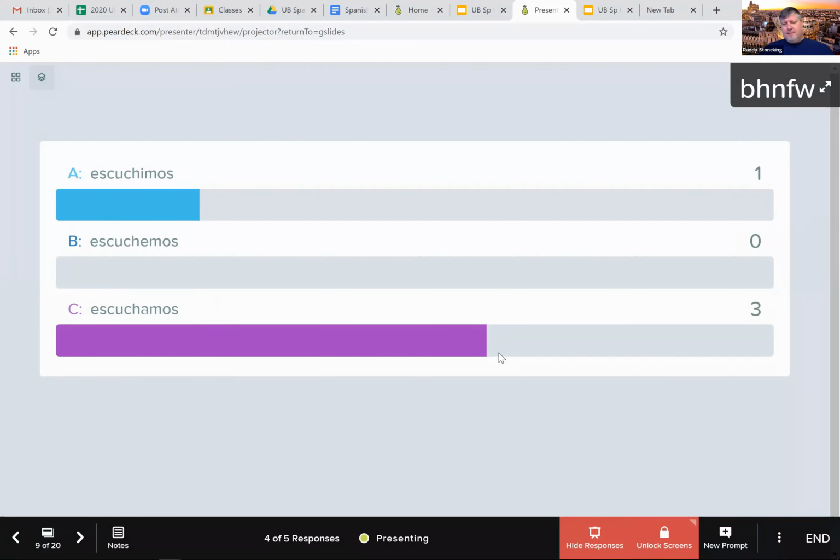So if I unlock you guys, I don't know who it is that's got letter A, but switch your answer to C. Put your correct answer in for me. There we go. So escuchamos. Now, if the word is like vivir, for example, maybe we would have to have emos. Or if it's comer, it would be comemos.